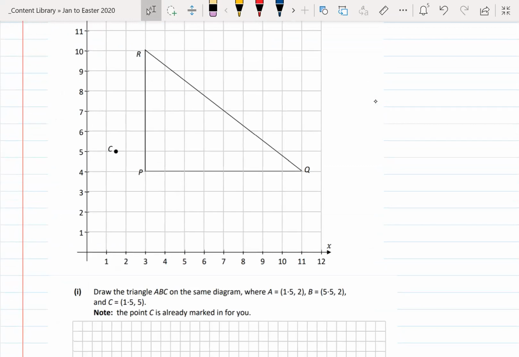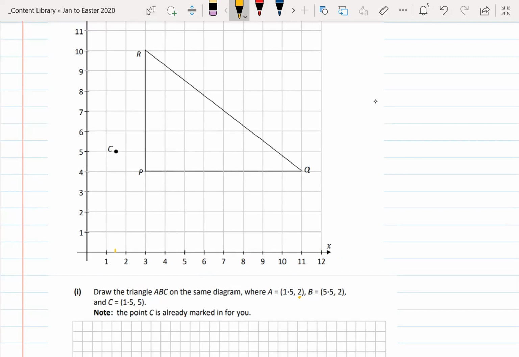Draw the triangle ABC on the same diagram where A is (1.5, 2). So let's put that in first. So (1.5, 2). The 1.5 bit means the x-axis, okay? So let's get 1.5 on the x-axis. It's here, roughly, and 2 on the y-axis.